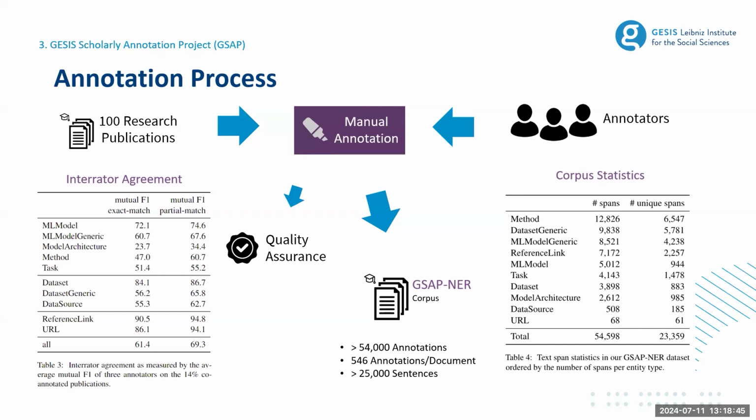This is to make sure that the style of the annotations of the annotators and the understanding of the concepts of our annotation text set is comparable. This ended up in around 54,000 annotations and over 500 annotations per document.